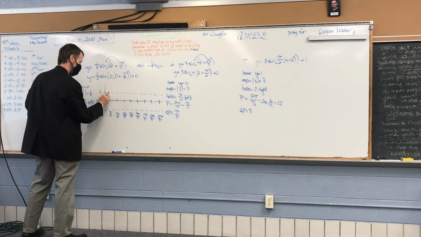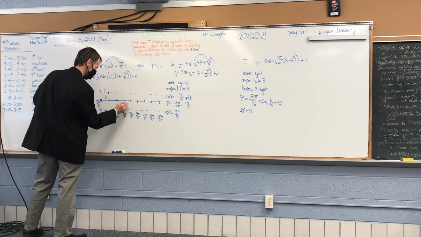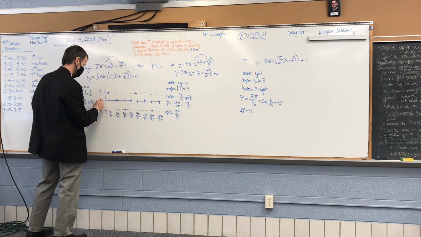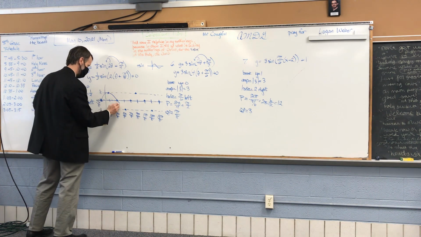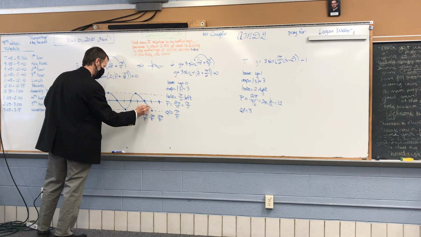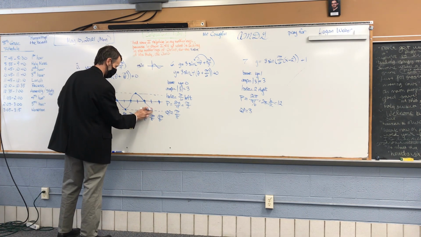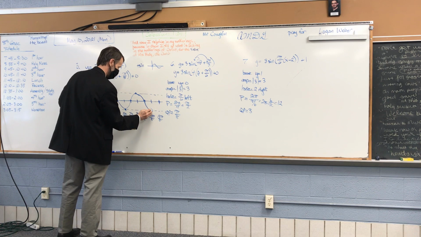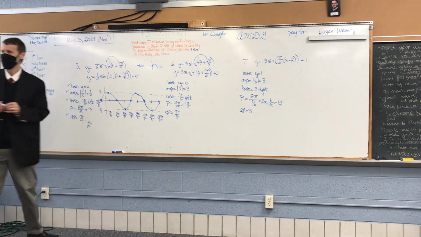So max, base, min, base, max, base, min, base. And now draw a smooth, curvy line. No sharp, pointy teeth. Don't crash into it either. I think I just did. There you go. Make sense?